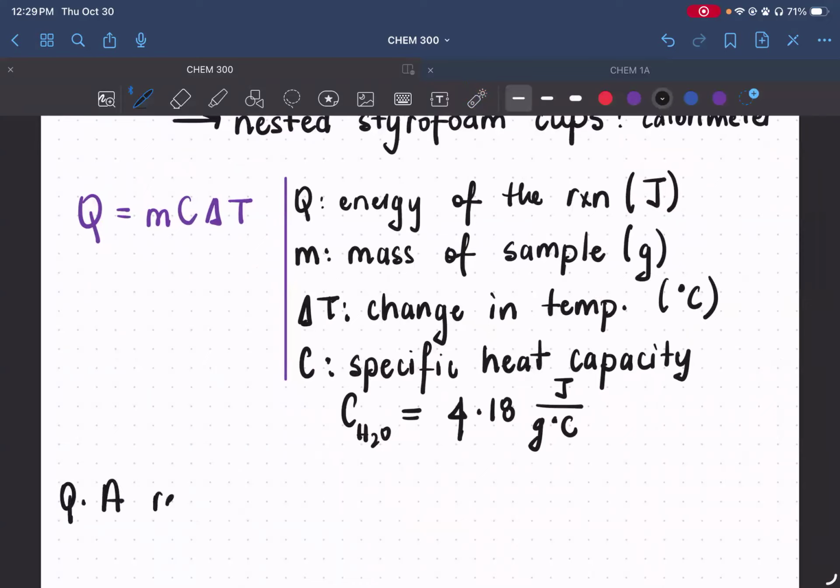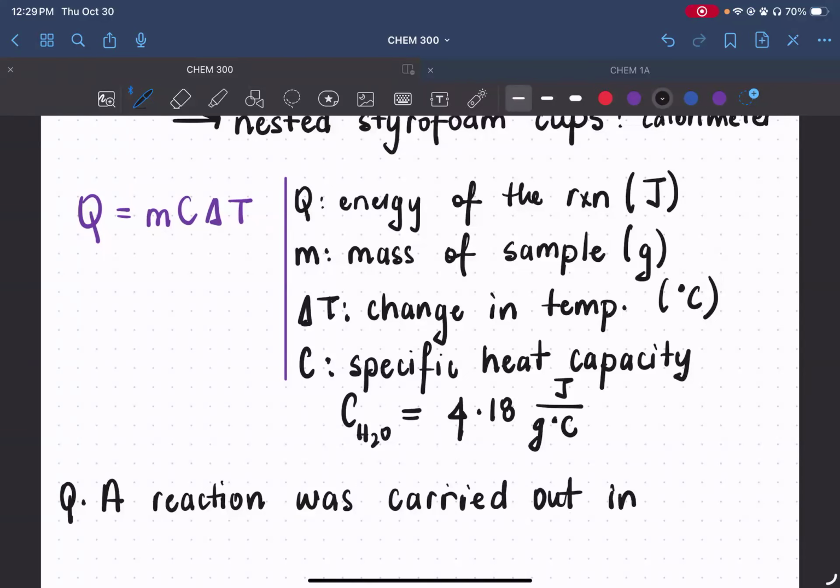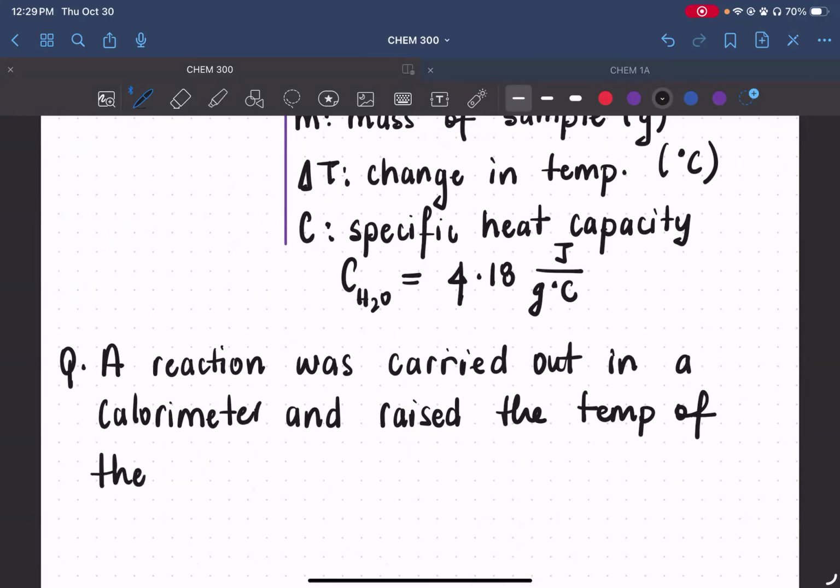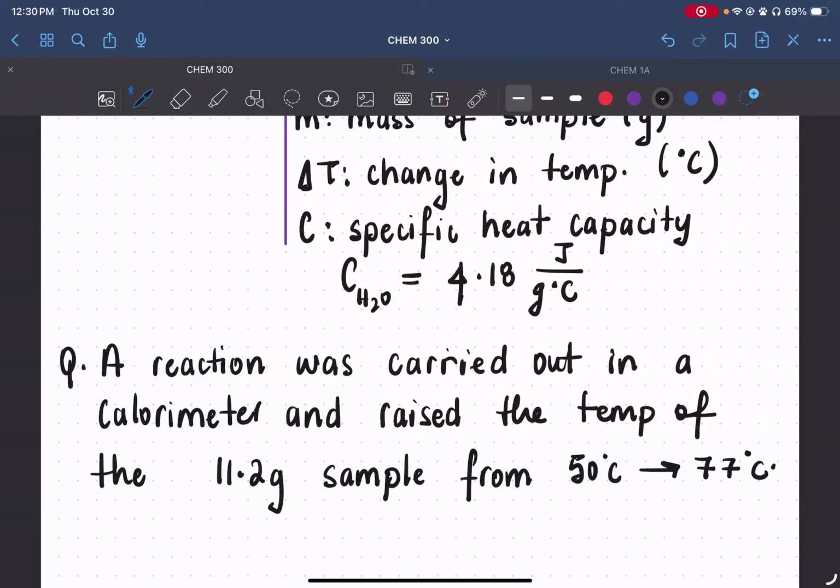The question reads, a reaction was carried out in a calorimeter and raised the temperature of the 11.2 gram sample from 50 degrees Celsius to 77 degrees Celsius.